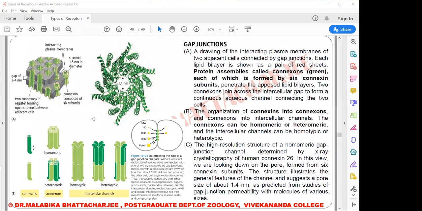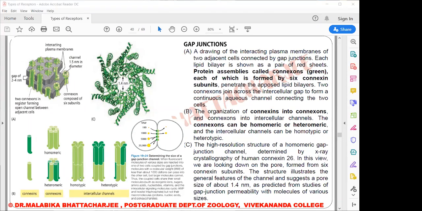Most cell types express more than one type of connexin. As you can see in this particular cell, we can see 2 shades of connexin, one is the darker one and one is the lighter green one. The two different connexin proteins can assemble into a heteromeric connexon.